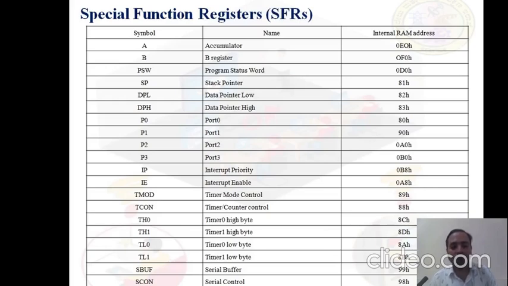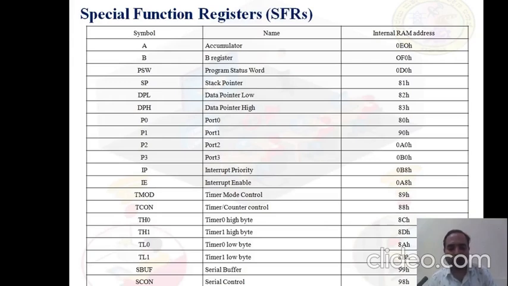Then we have 4 port registers: port 0, port 1, port 2, port 3. All these port registers are 8-bit. Then we have the interrupt priority register, IP, 8-bit. Then we have the IE register, interrupt enable register, which performs special functions in the interrupt. Then we have TMOD and TCON registers, which help in timer operations.